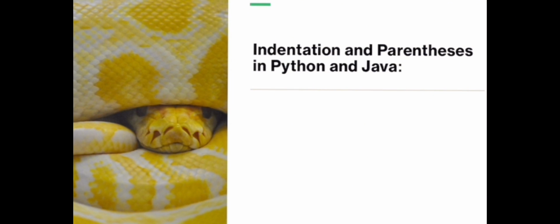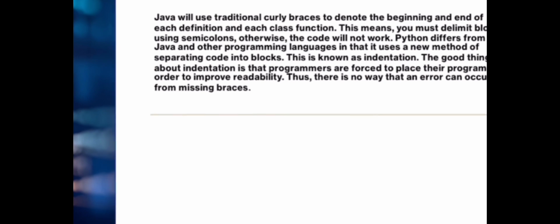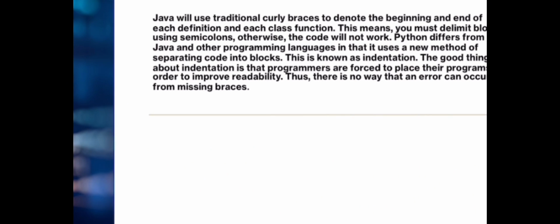Let's come to indentation in Python and Java. Java uses traditional curly braces to denote the beginning and end of each definition and each class function. This means you must delimit statements using semicolons, otherwise the code will not work. Python differs from Java and other programming languages in that it uses a new method of separating code into blocks.